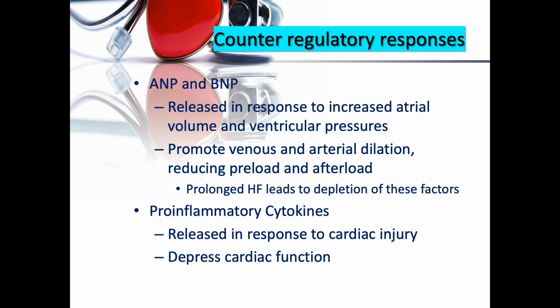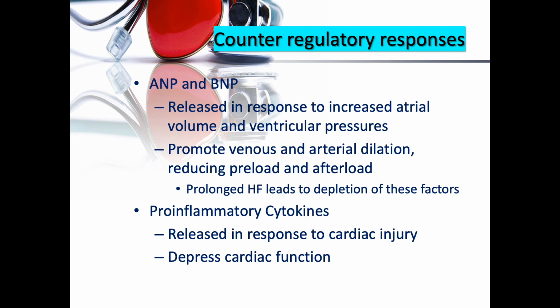In addition, other regulatory responses include pro-inflammatory cytokines. These are released in response to cardiac injury and go to depress cardiac function, which has a negative effect on cardiac output, but which is helpful because it reduces myocardial oxygen demand.